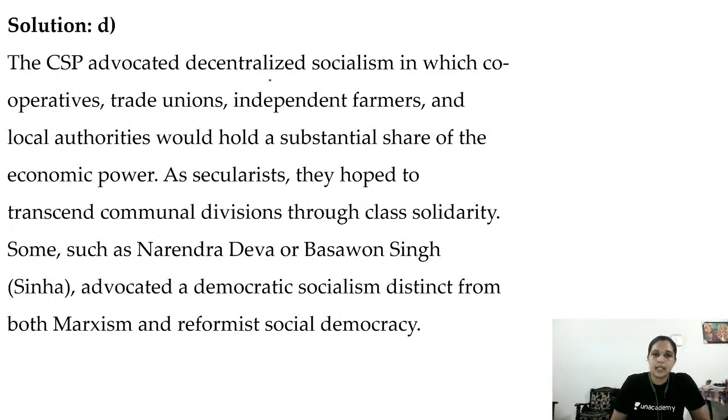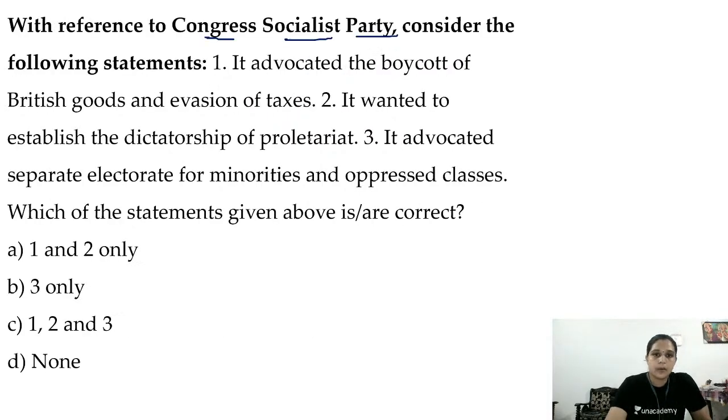They advocated decentralized socialism in which cooperatives, trade unions, independent farmers, and local authorities will hold a substantial share. So they did not talk about the boycott of British goods, that is Swadeshi and non-cooperation.